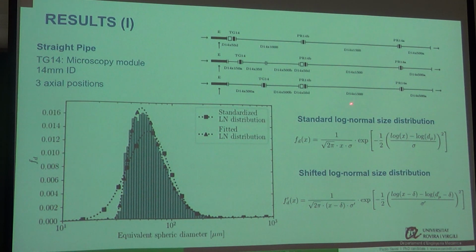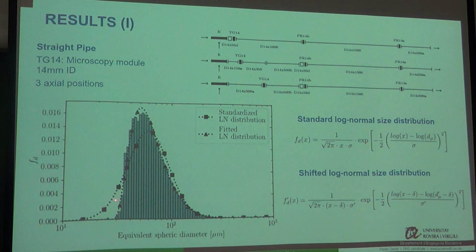The droplet sizes are supposed to be distributed log normally. So this is a log normal distribution. This is the equation of a log normal distribution in the standard way. You can find it everywhere. And if we try to fit this equation to this histogram, we get the squares here.